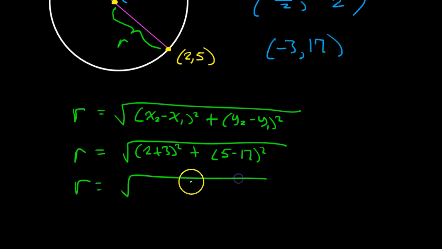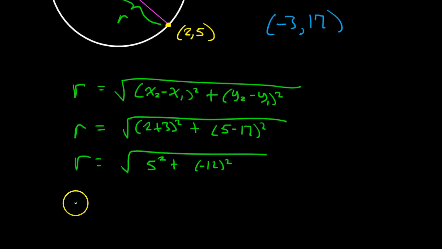This will ultimately get me the radius. So this is going to be 5 squared, and this is going to be -12 squared. So that's going to be 25 plus 144.